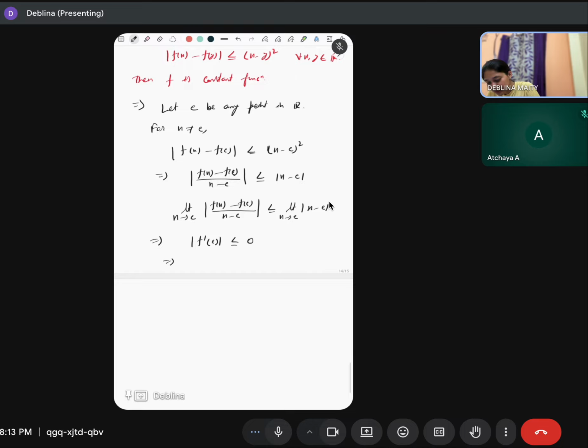So this means limit x goes to c of mod of f x minus f c by x minus c is less than or equal to 0, and since this is a non-negative number, it has to be 0, right? Because a non-negative number less than or equal to 0 means what? It is 0. So mod of f x minus f c by x minus c equals 0.